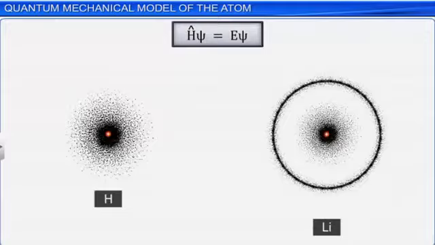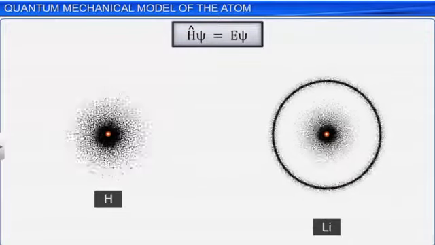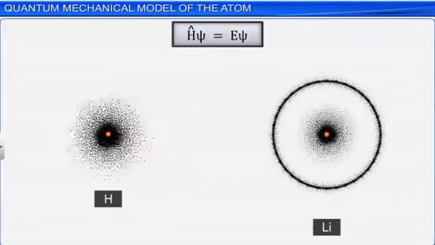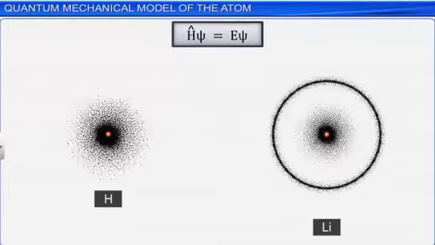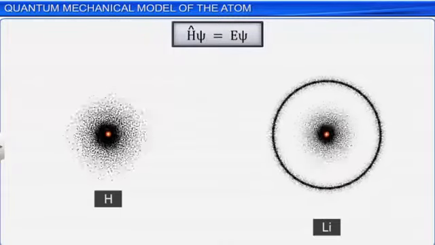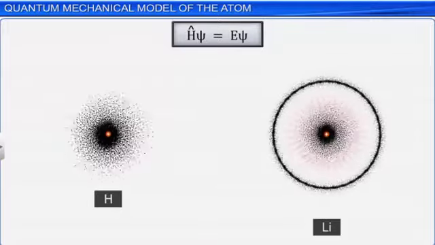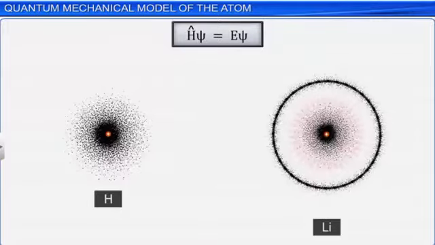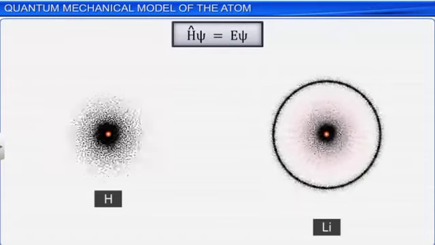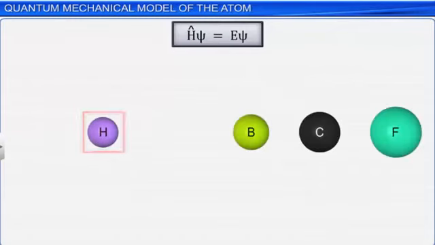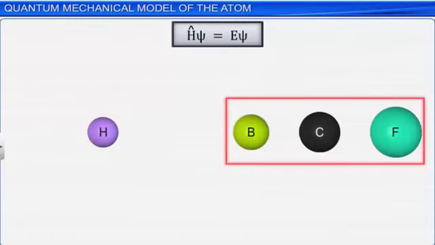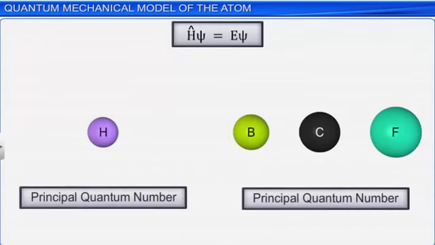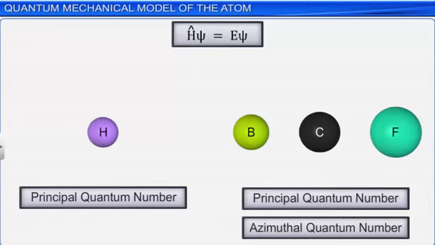The principal difference between the orbitals of single electron atoms and the orbitals of multiple electron atoms is that the orbitals of multi-electron atoms are contracted due to increased nuclear charge. In addition, unlike orbitals of hydrogen or hydrogen-like atoms, whose energies depend only on the principal quantum number, the orbital energies in multi-electron atoms also depend on azimuthal quantum number, in addition to principal quantum number.